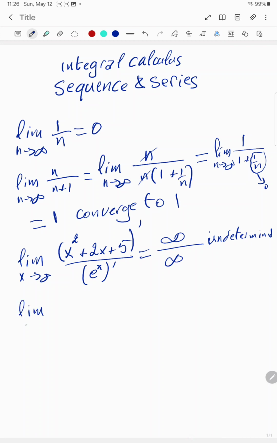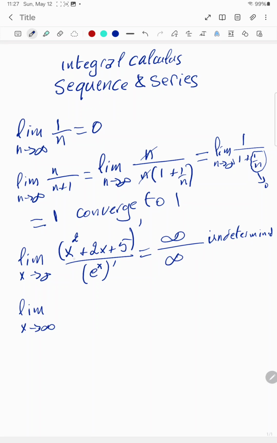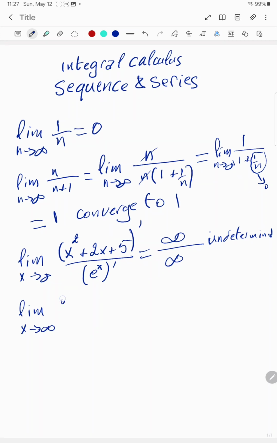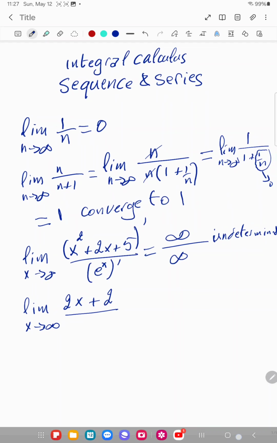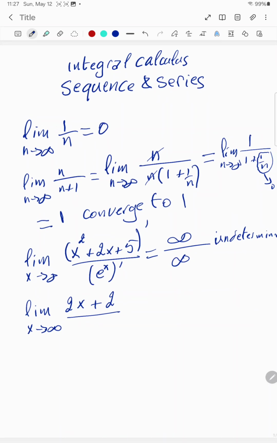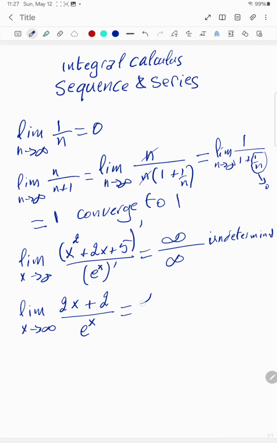So I do the limit when x goes to infinity, and the derivative of x squared is 2x, and the derivative of 2x is 2, divided by the derivative of e to the power of x, which is always e to the power of x. Then 2 times infinity is infinity plus 2 is infinity, divided by e to the power of infinity is infinity. So I will apply L'Hospital's rule again.